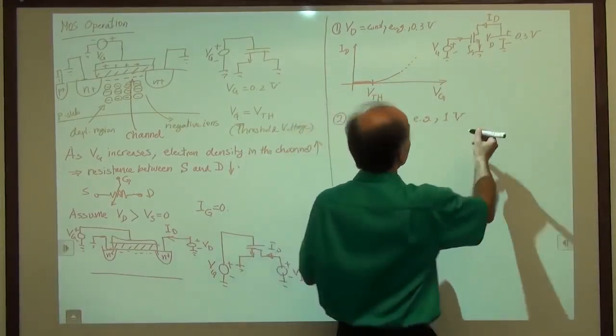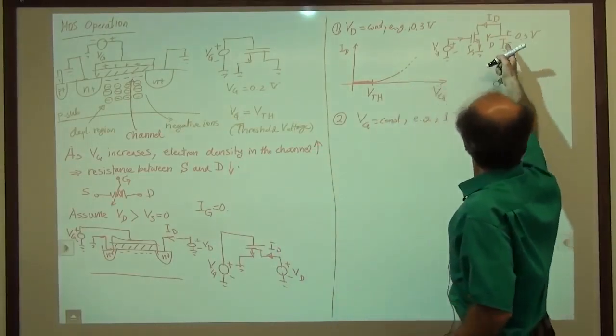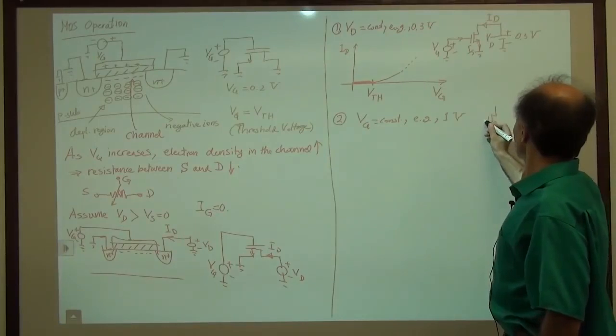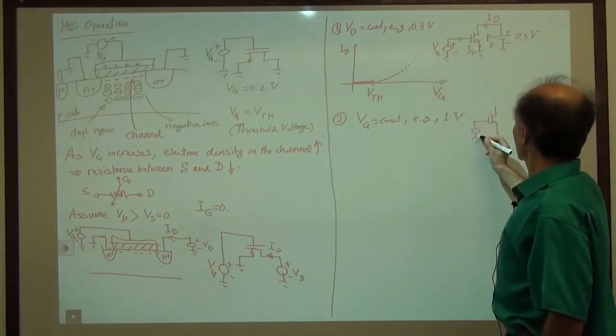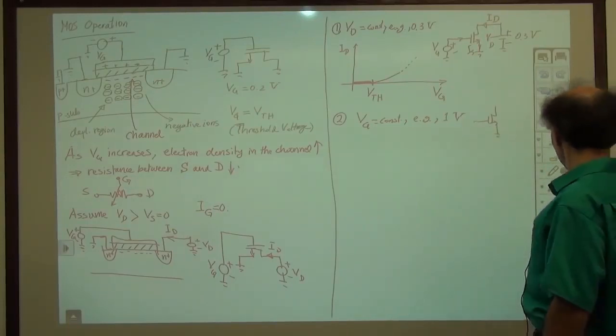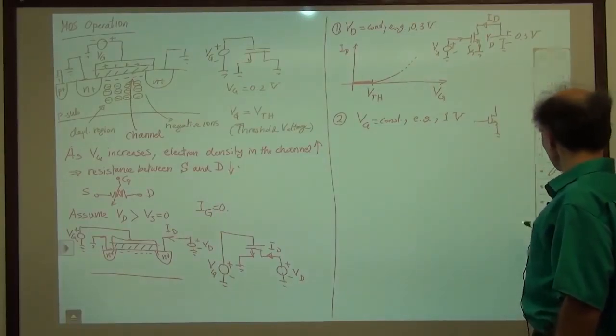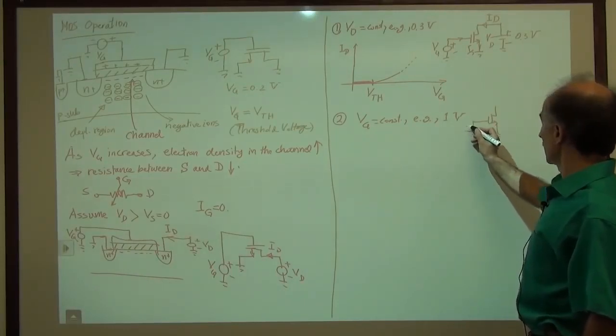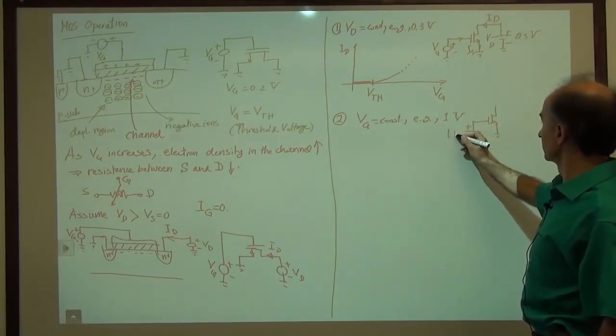And now we vary the drain voltage. So I will redraw the circuit, and I put a constant voltage source here, a battery. So here's a battery of value 1 volt.